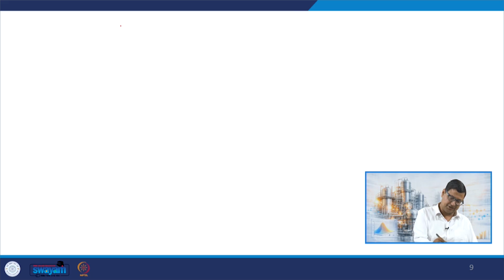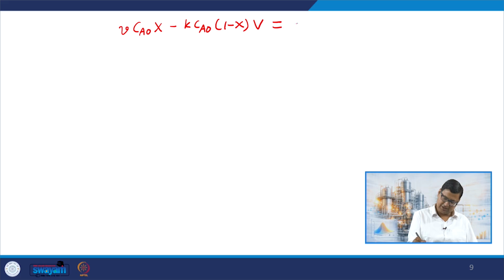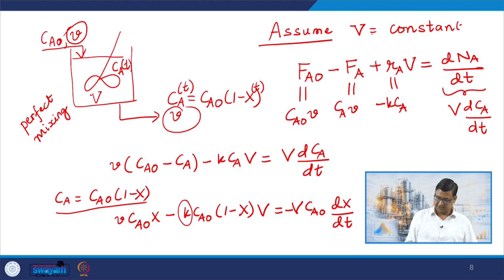So we have the expression we just got, v Ca naught x minus k Ca naught into 1 minus x into V is equal to minus V Ca naught dx by dt. That is what we had there.